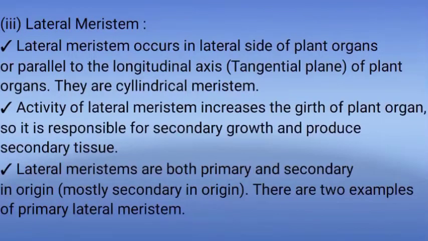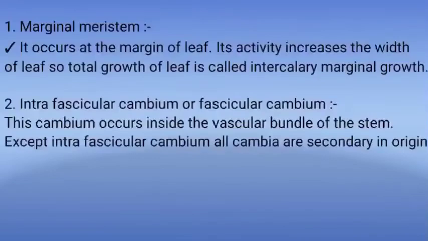There are two examples of primary lateral meristems, such as number 1, marginal meristem, number 2, interfascicular cambium or fascicular cambium. Very first one, marginal meristem. It occurs at the margin of leaves.